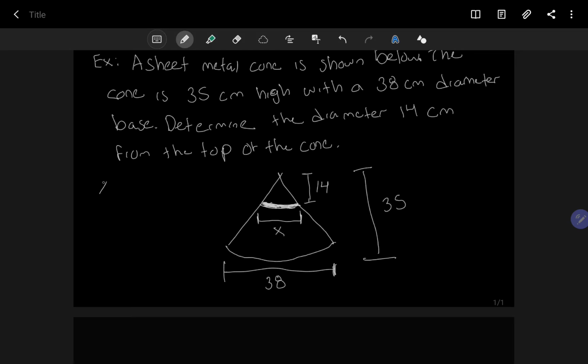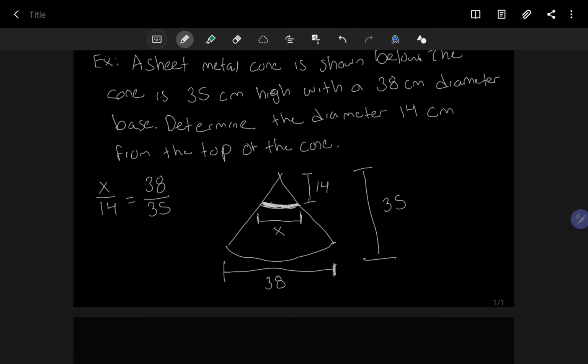So if I go x over 14, then yep, 38 should also be on the top because that's where I put the diameter. So if I put the diameter on the top, I should put the height on the denominator, and do the same thing with the other one.